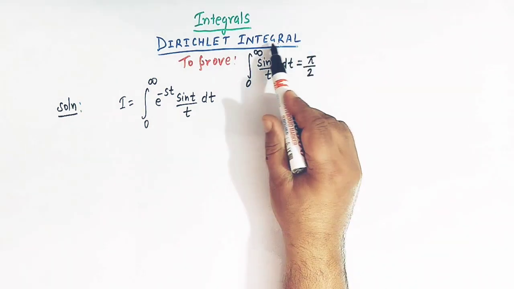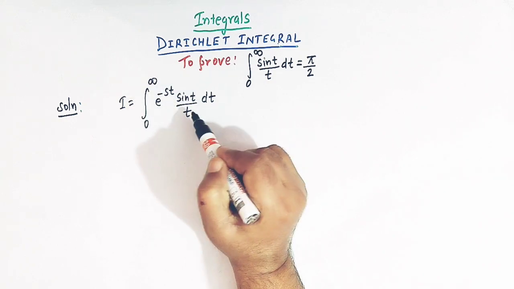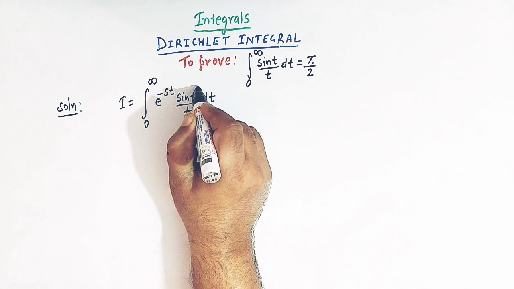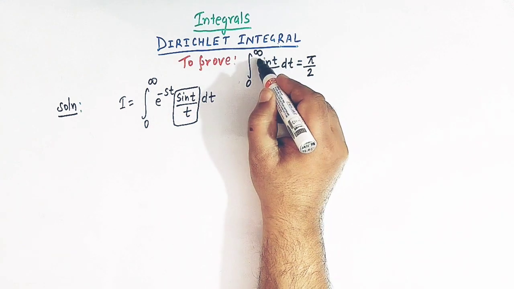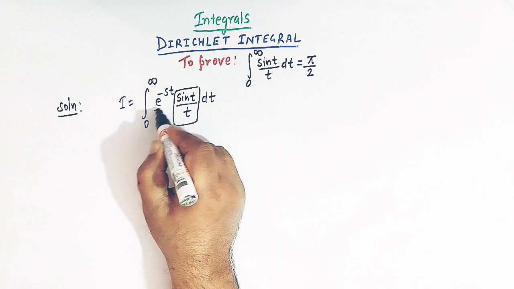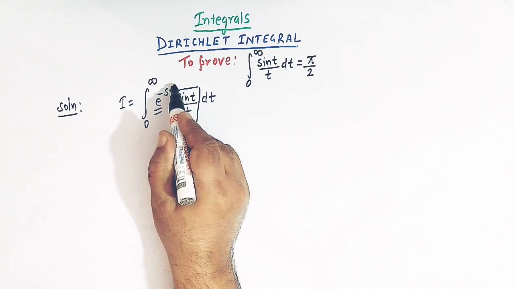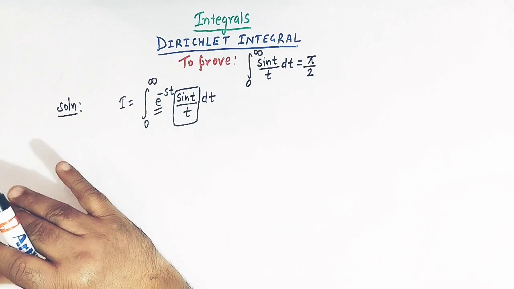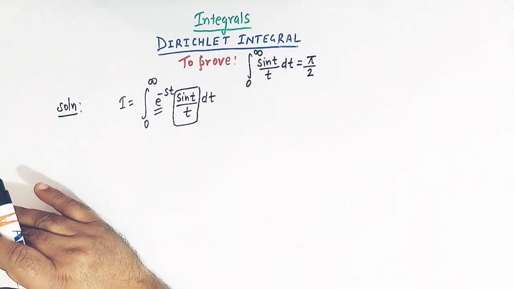So in order to prove this integral, we'll start with this one. Here we have sine t over t, and here also the integrand is sine t over t, and here we have an extra term, that is e raised to minus st, which appears in the definition of Laplace transform of some given function.